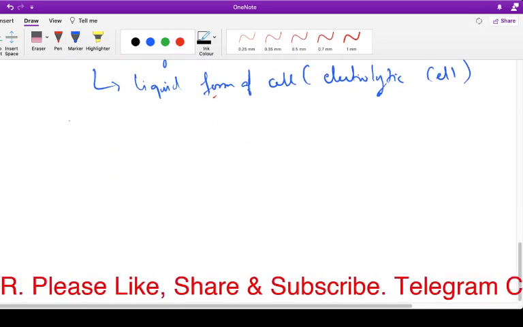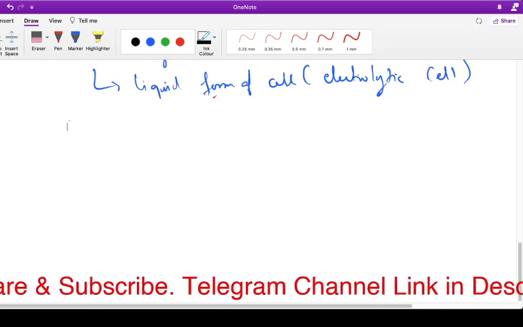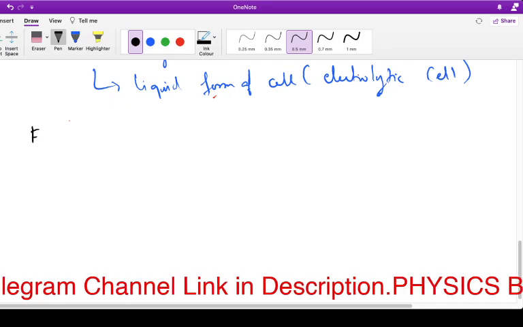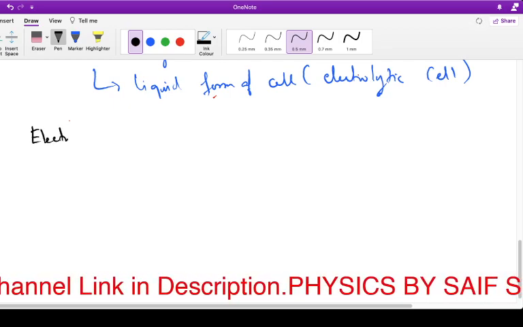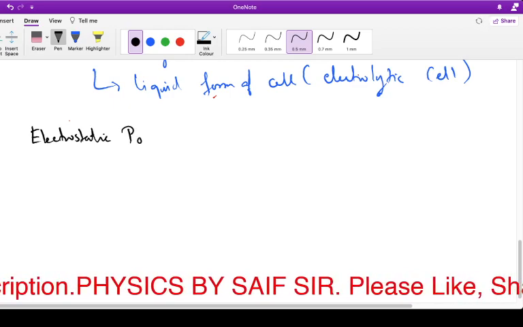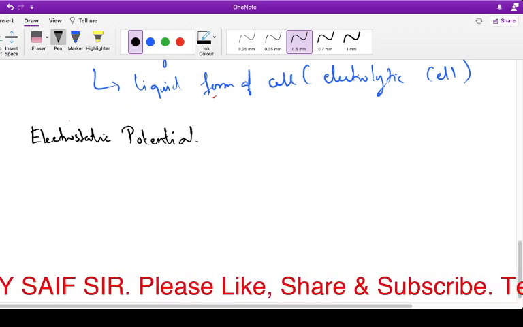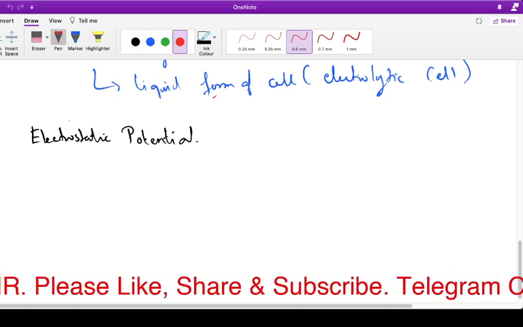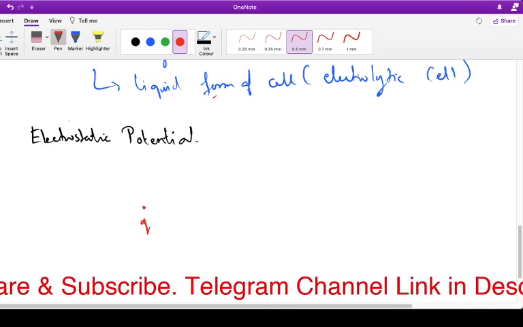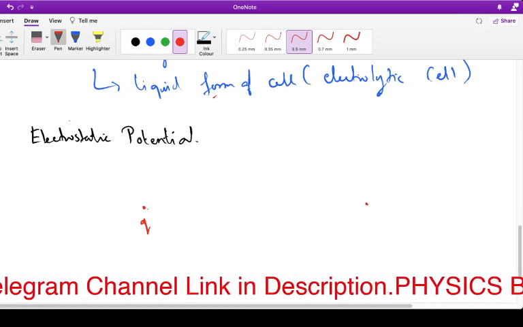Now we will come to the next topic, that is the electrostatic potential. We will use this small diagram here. For example, here at point one a charge is there on this line, and some other charge is there at infinity.